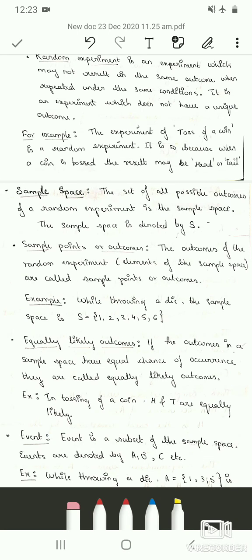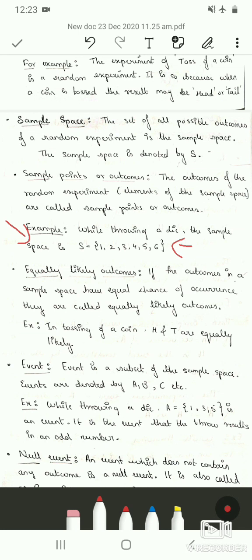Suppose we are throwing a die, then the sample space is {1, 2, 3, 4, 5, 6}. A die may show up either 1, 2, 3, 4, 5 or 6. All these points in a sample space are called sample points, and the whole set is called the sample space.